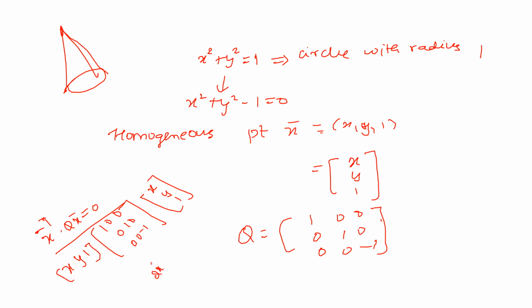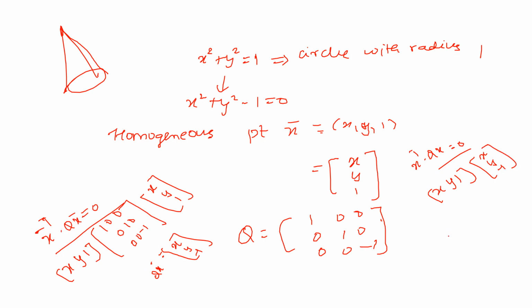First I'm going to multiply this. If Q x bar is multiplied, we get x, y and minus 1, right? So x y minus 1 is the value, and I'm going to substitute this in x transpose into Q into x equal to 0. What we have identified is Q x bar, and x transpose is x y 1. So x y 1 into x y minus 1.